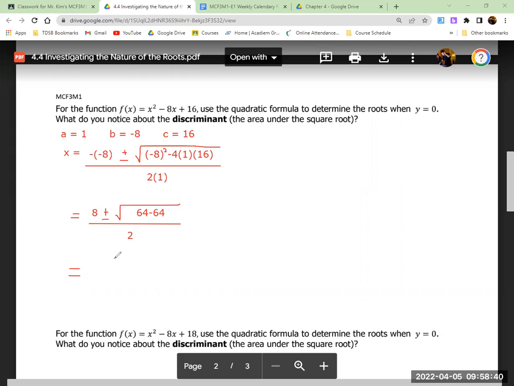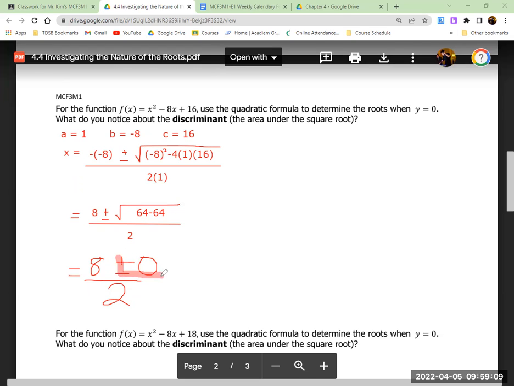No, right? It doesn't. 8 plus or minus a 0, I'm not going to write that. That's a waste of my time. So 8 divided by 2, what's my answer? Recognize that form? It's only one answer. Plus or minus a 0, right?